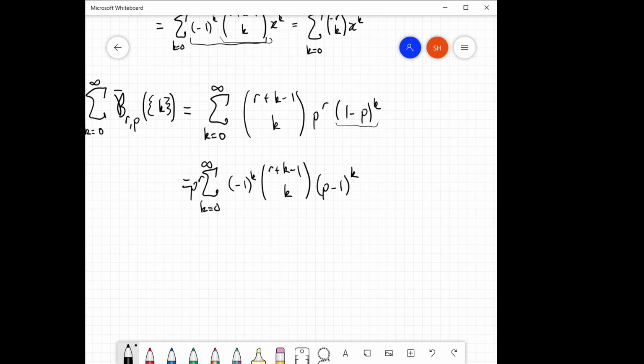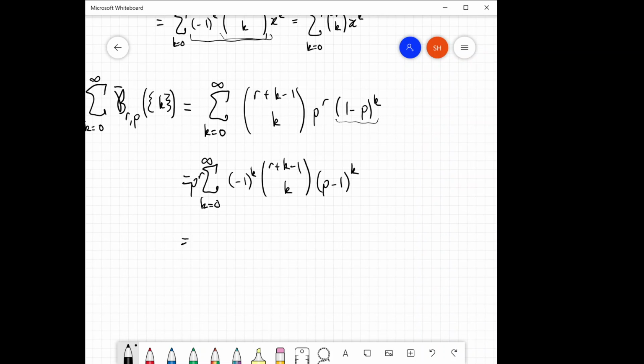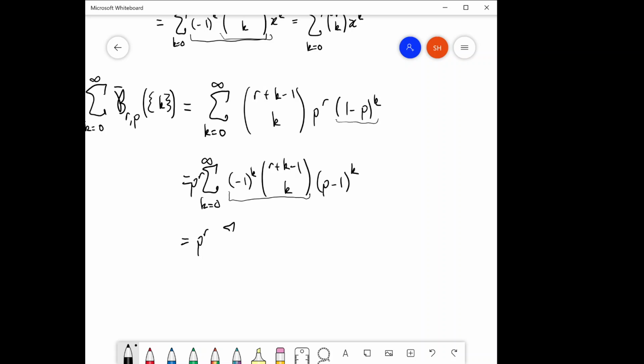All right. Well, this is exactly the negative binomial coefficient. So p to the r, sum k equals 0 to infinity of minus r, choose k, p minus 1 to the k.